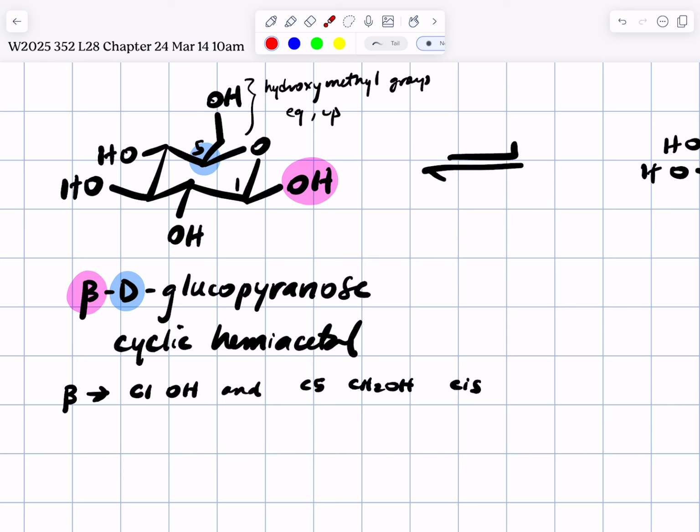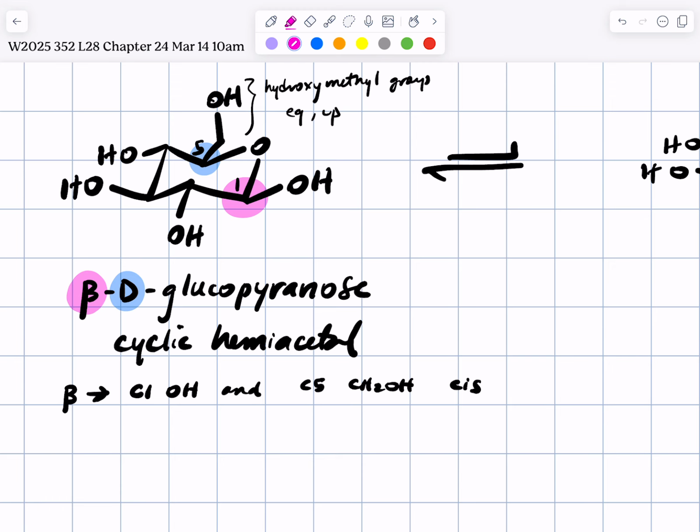Now obviously we could do R and S for all of this, but biologists generally don't. And so we're learning to talk the chemistry, we're learning the language of biochemistry so that when you take 481, you can understand what's going on. Okay, so when the hydroxymethyl group on C5 and the OH group on C1 are, and I guess I should have highlighted the carbon instead of the OH group, when they are cis to each other, there we go, the configuration is beta.